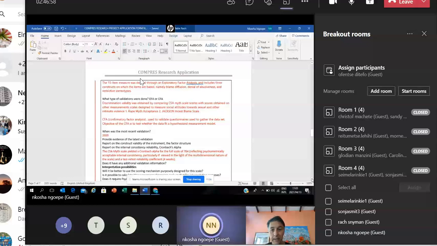Okay. So the whole idea is that the higher the reliability, the better it is to use the instrument. And that's what we look for when we assess your research proposal: do you use a scale that has at least good reliability?